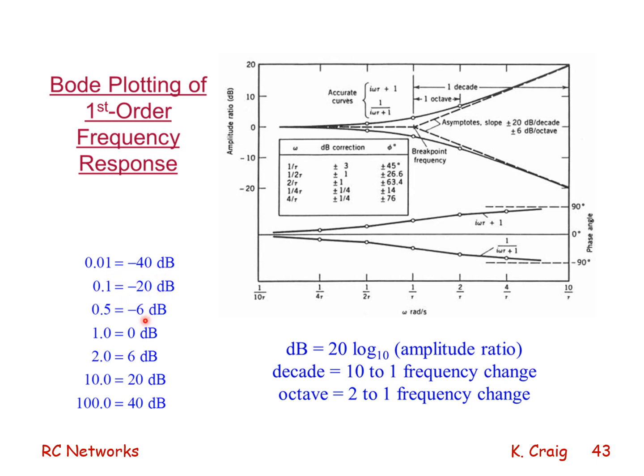If we double the value, we go up 6 dB. Multiply by 10, it's 20 dB, 100, 40 dB. And again, dB is 20 times the log to the base 10 of the amplitude ratio. A decade is a 10-to-1 frequency change. An octave is a 2-to-1 frequency change.